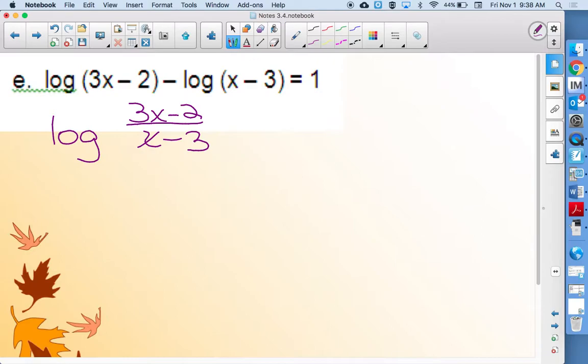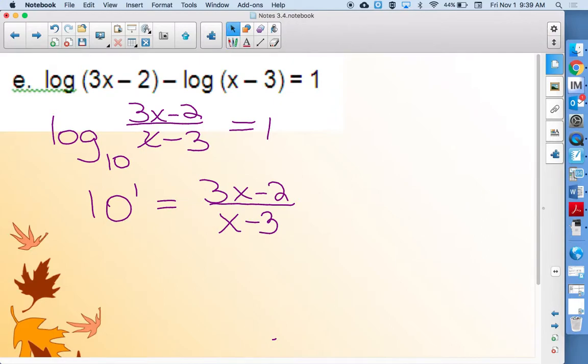It's not part of the fraction. It's separate. And then on the other side, it's equal to 1. Dylan, what's the base if there isn't one written? 10. So Dylan, how would you write this then? 10 to the first equals 3x minus 2 over x minus 3.